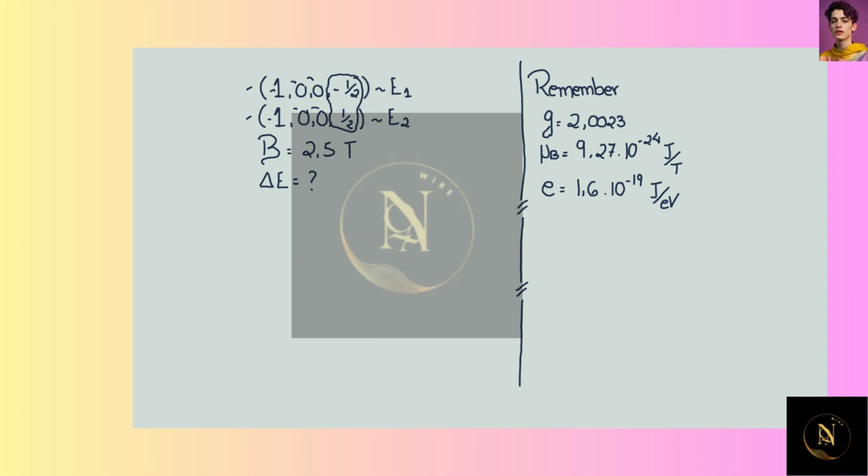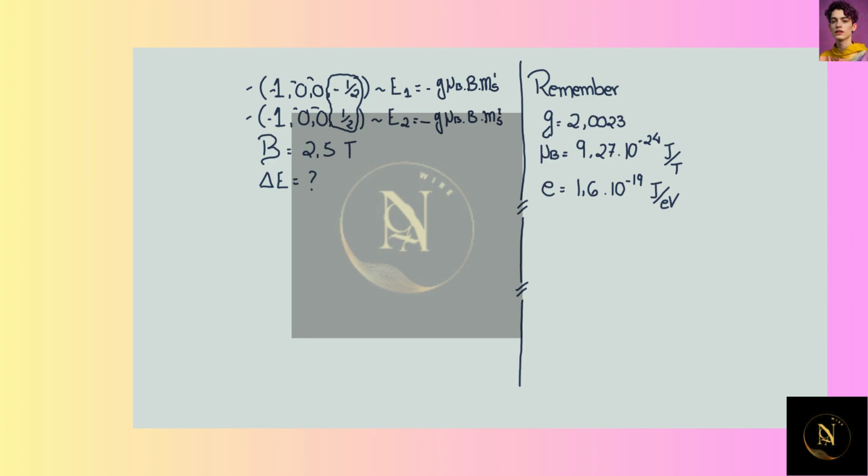Remember that this contribution is given by minus g mu B times the external magnetic field times the spin quantum number. This is for state number 1 and the same for state number 2, with exception to the spin quantum number.